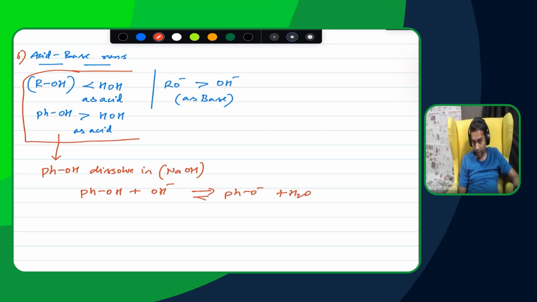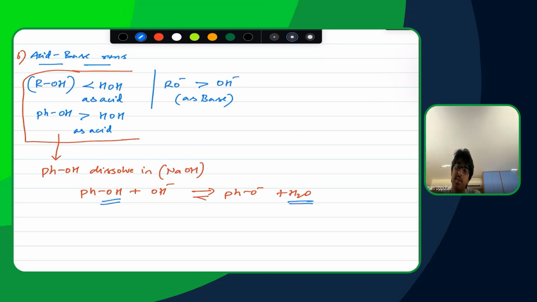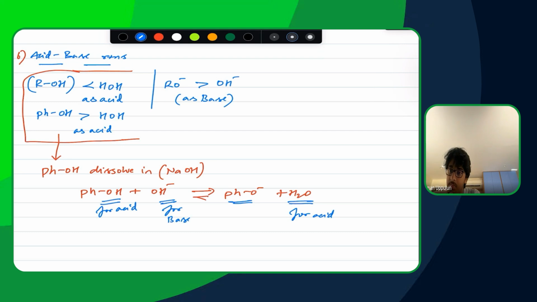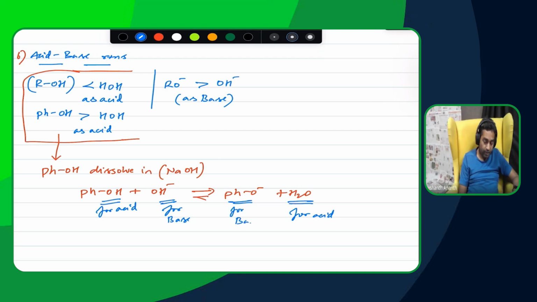So this is in the forward direction. That means I'm comparing PhOH with water for which acid is stronger, and OH minus and PhO minus are compared with each other as bases. Whichever side has the stronger one will push the reaction in that direction.